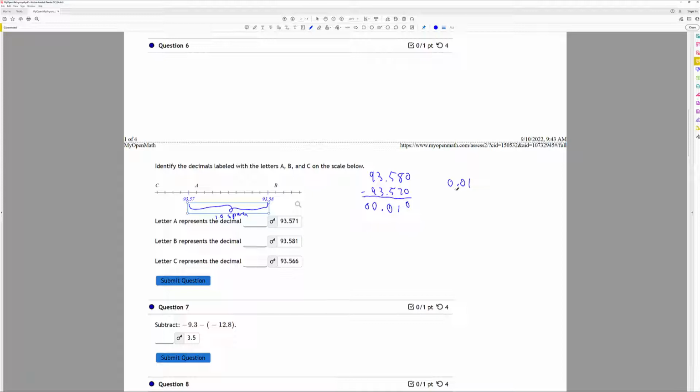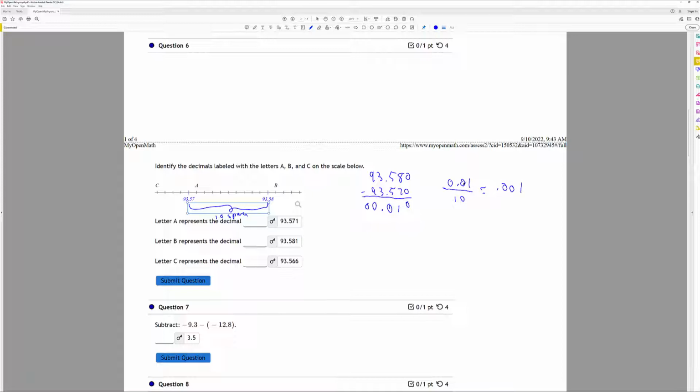That's that space there. And there's 10 smaller spaces in between it. So if I divide that by 10, it made it 10 times smaller. And if I made that 10 times smaller, what would that become? 0.001.